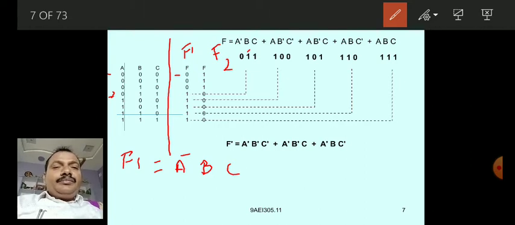Next minterm, for 100 f1 value is 1. For that you have to write plus. This is the second minterm for 100. 1 means A is 1, you should not complement. B is 0, hence you have to complement it, B bar. C is 0, hence you have to complement it, C bar.